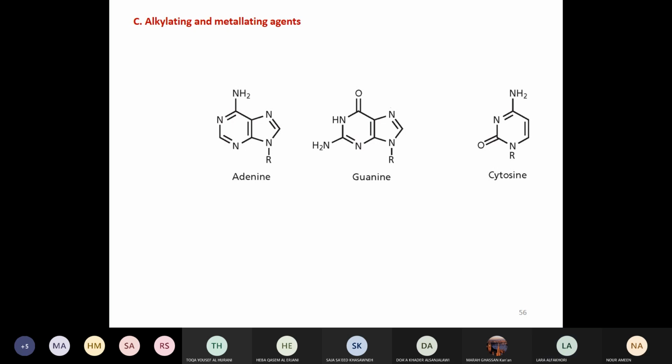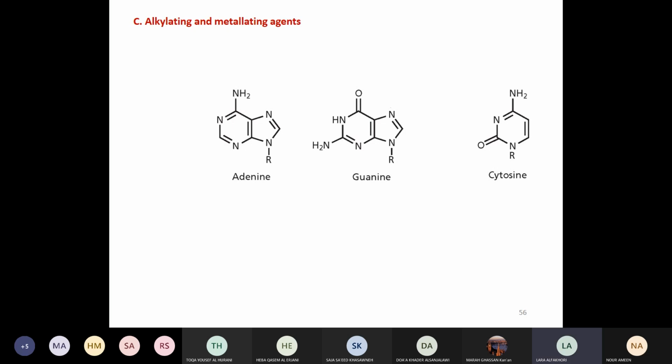All right? Now, to add an alkyl group to DNA and form this covalent bond, this means the interaction between them involves a nucleophile and an electrophile.